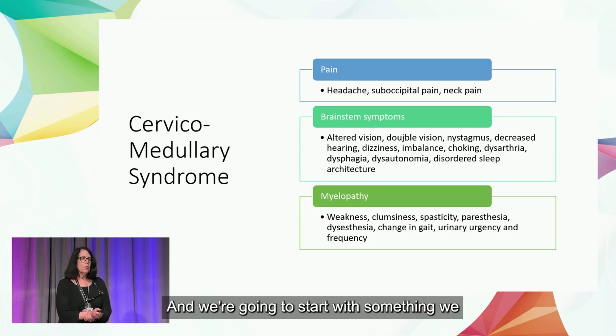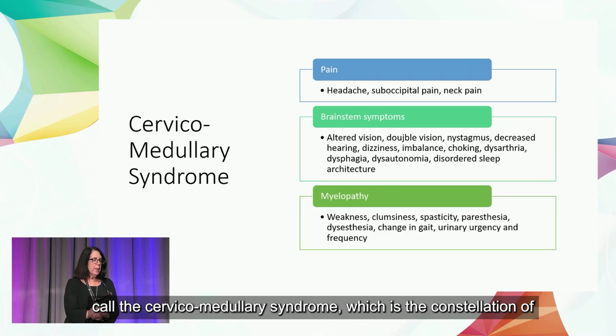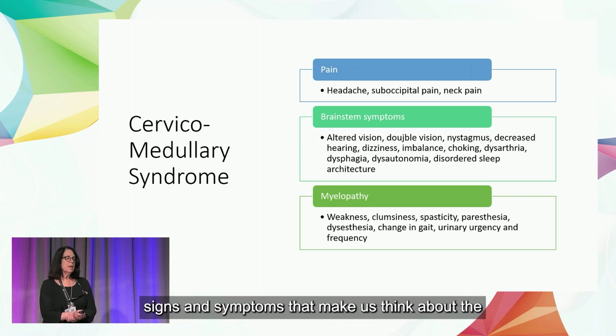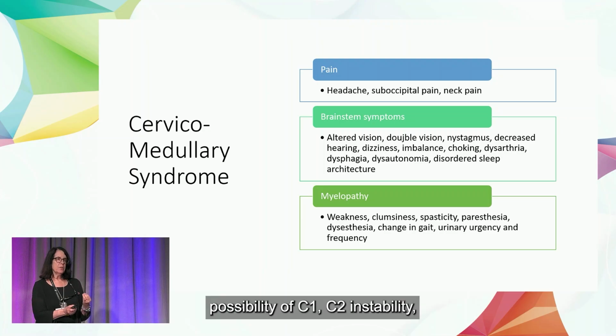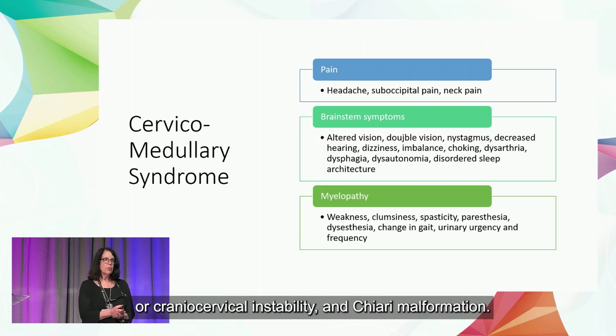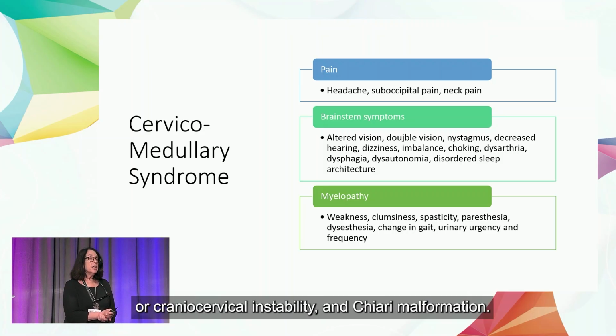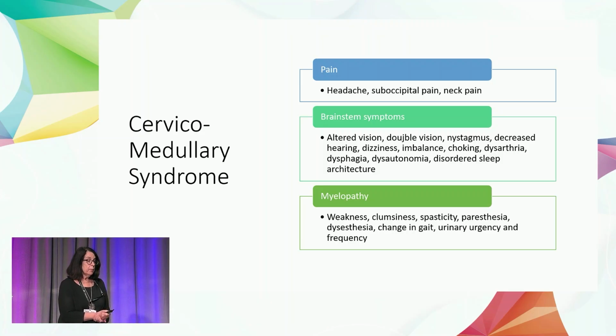And we're going to start with something we call the cervicomedullary syndrome, which is the constellation of signs and symptoms that make us think about the possibility of C1-2 instability or craniocervical instability and Chiari malformation.